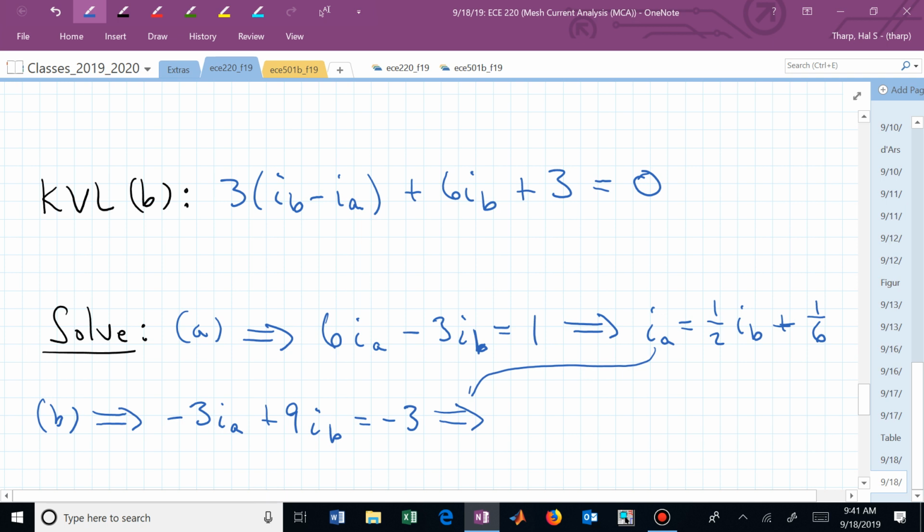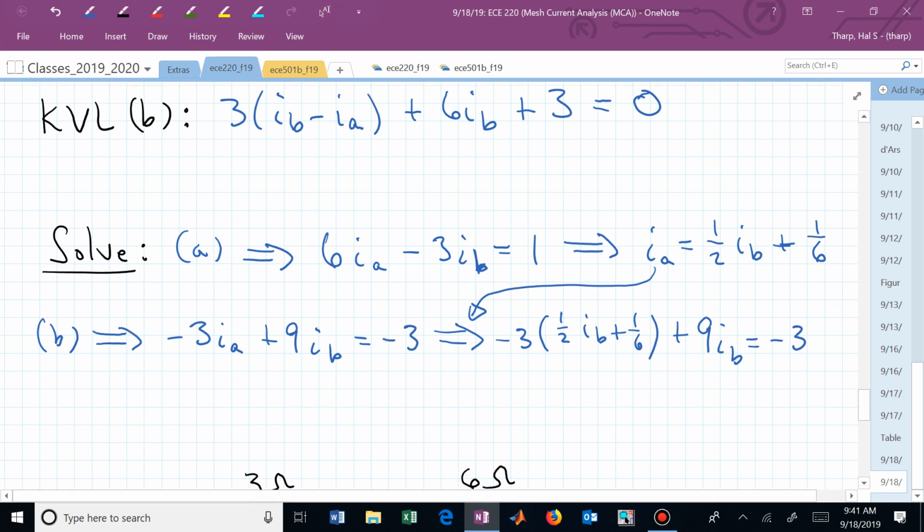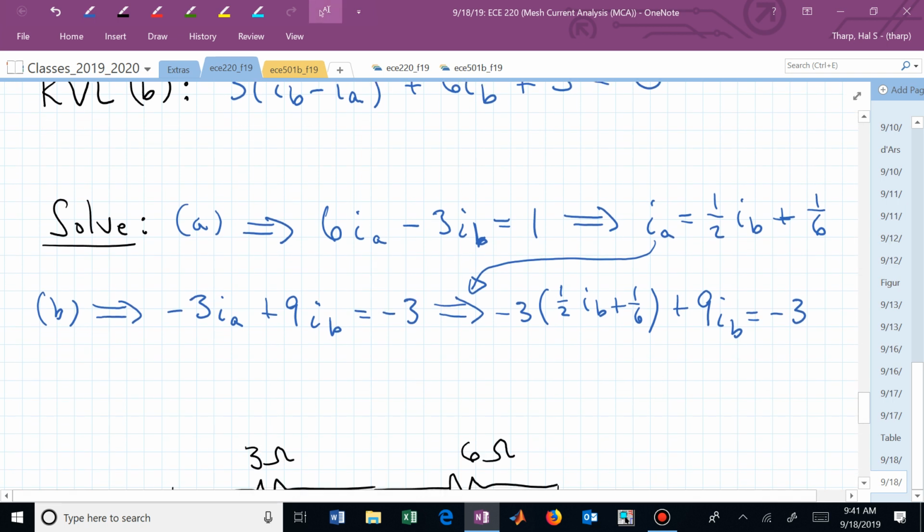Now let's use that to get rid of I sub A, and we now have minus 3 times 1/2 I sub B plus 1/6, that's I sub A, plus 9 I sub B is equal to minus 3. And now we have one equation in the one unknown I sub B. We have minus 3/2 I sub B minus 1/2, and I'm going to rewrite that 9 as 18 over 2 since I have 2's everywhere.